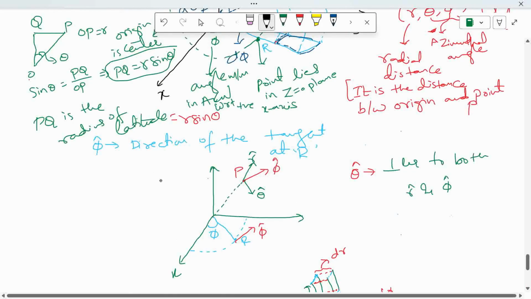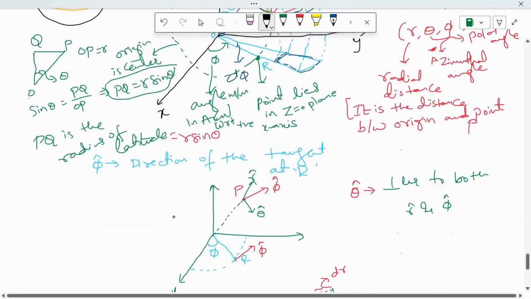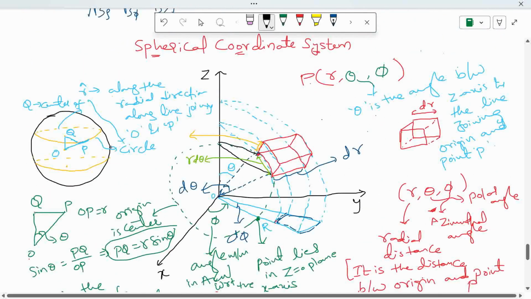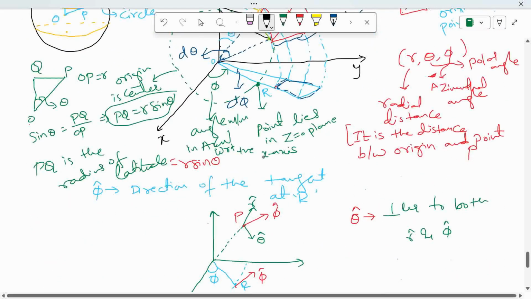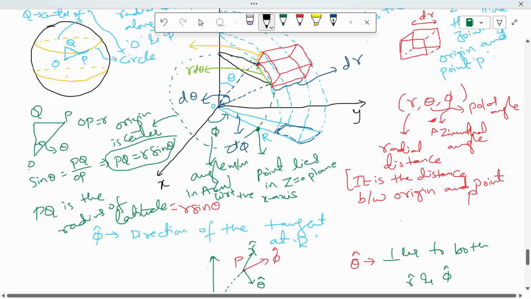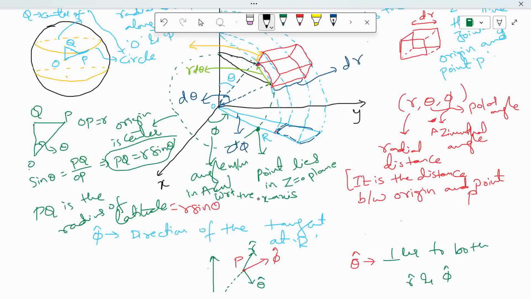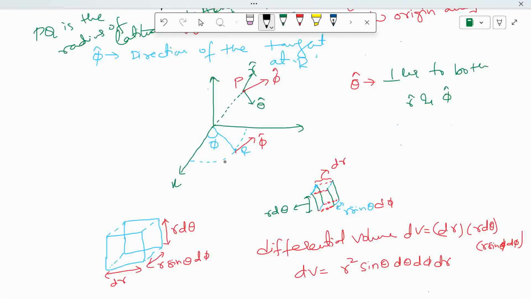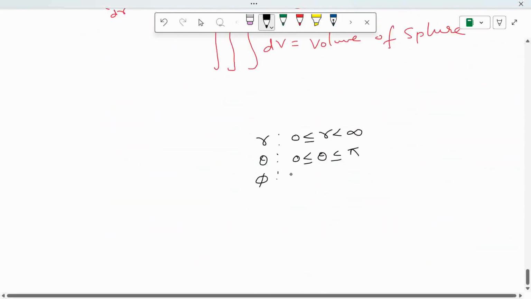And the azimuthal angle: what is the definition for the azimuthal angle? It is the angle measured in the anti-clockwise direction with respect to the positive x-axis. So if we start here, we start from 0, and as we go along in the anti-clockwise direction, we end up at 2 pi.